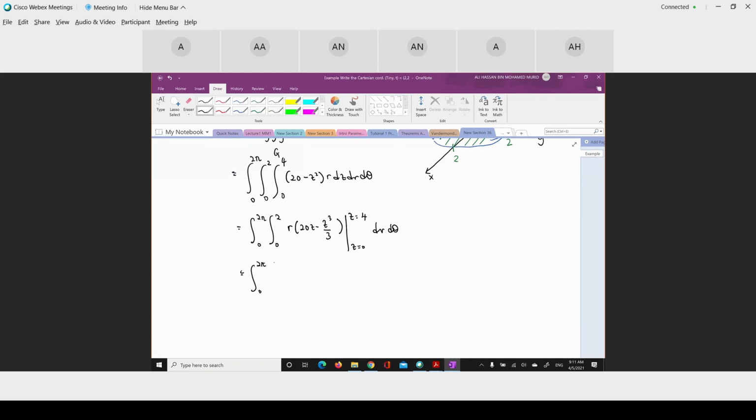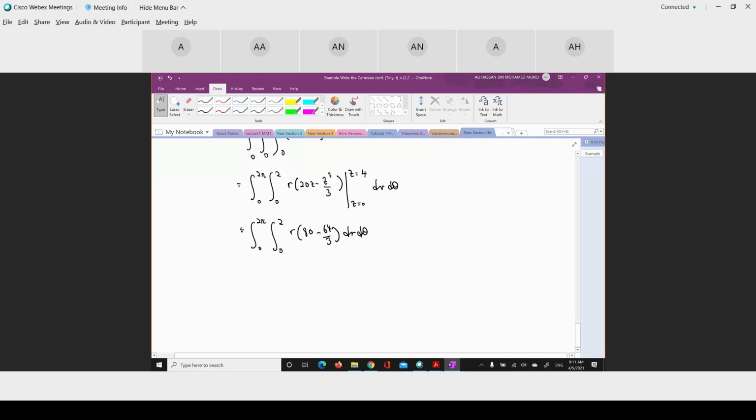First we replace z by 4. So what do we get? We have 80 minus 4 cubed, which is 64, over 3. It's just a number. So 80 minus 64 over 3 is what? 240 minus 64.